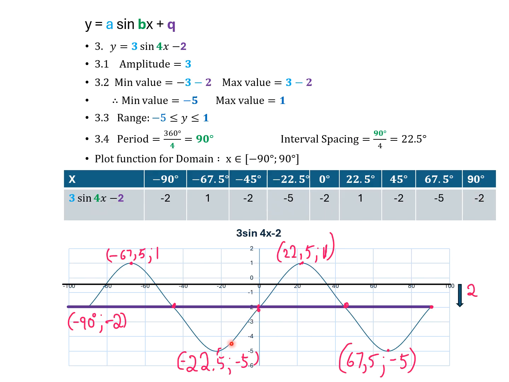Come to this side here, we have negative 22,5 and minus 5. Then we have negative 45 and negative 2. We have negative 67,5 and 1, and minus 90 and negative 2. As you can see, my range goes from positive 1 to negative 5, and my maximum value is 1, and my minimum value is negative 5. I hope you follow.